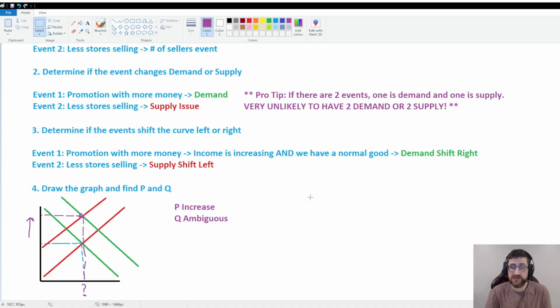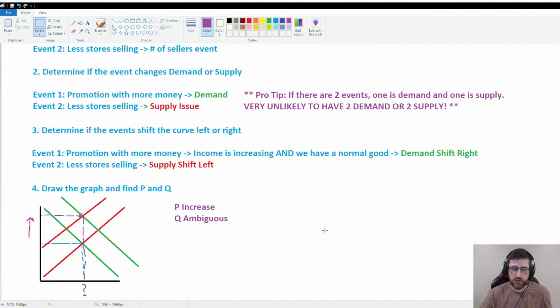Have AI make you some single event problems, some double event problems, go through these steps and make sure you understand why those changes are occurring and make sure you're practicing. Just like any math course, you want to practice this stuff. It will not stick otherwise. So that's tip and trick number 1.